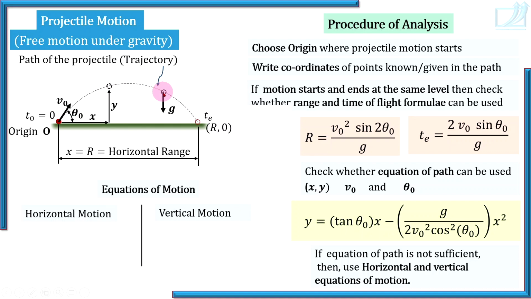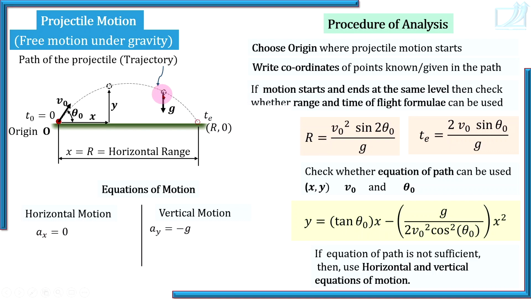During the motion, the particle experiences gravitational acceleration. It is directed downwards. Now, what is the x component of this acceleration? That is horizontal acceleration, and the y component of this acceleration is vertical acceleration. Like force, acceleration is also a vector quantity, and we are resolving this acceleration along the x axis and along the y axis, and what you get is its x component is 0 and y component is minus g.